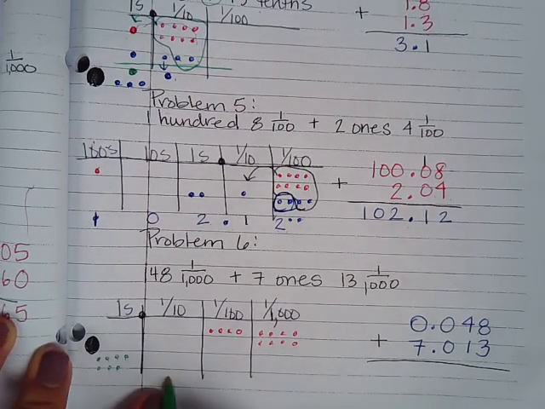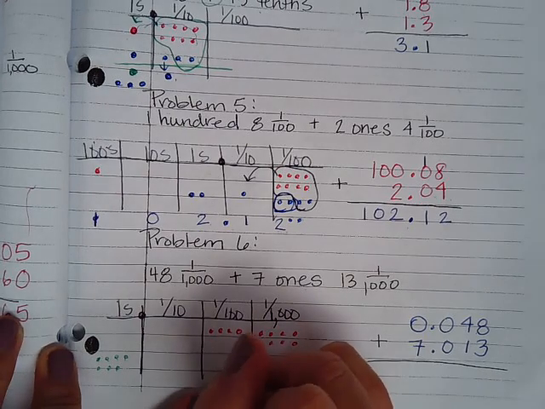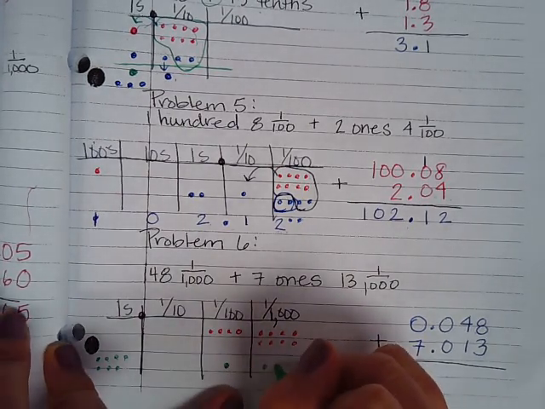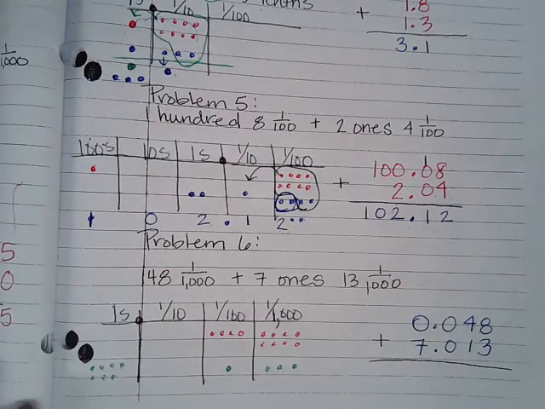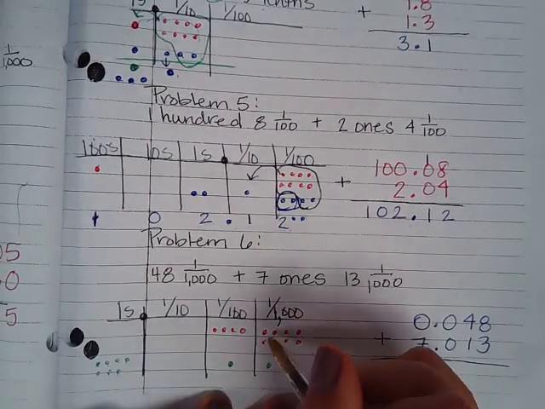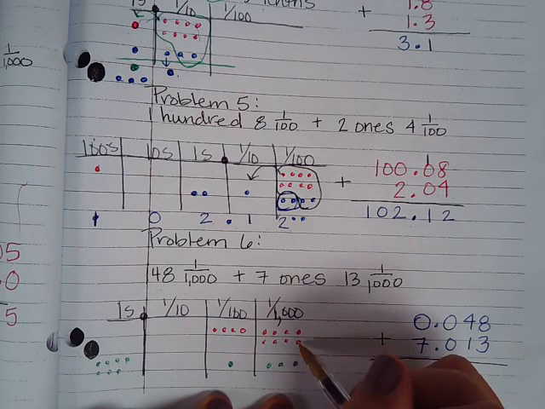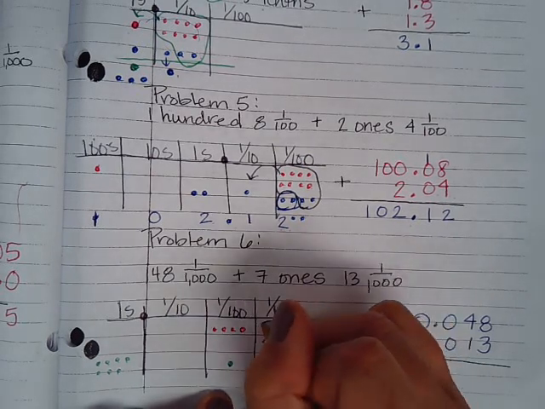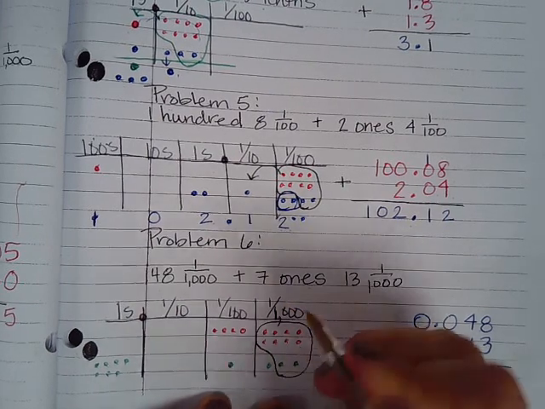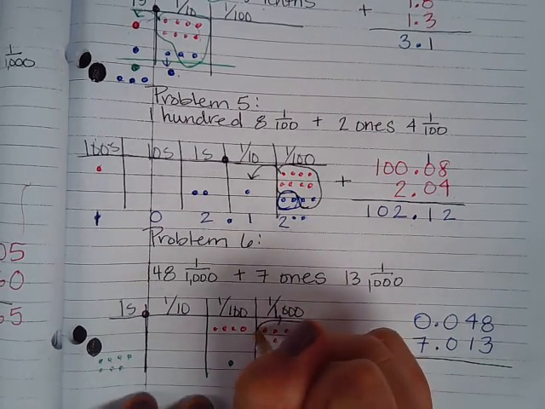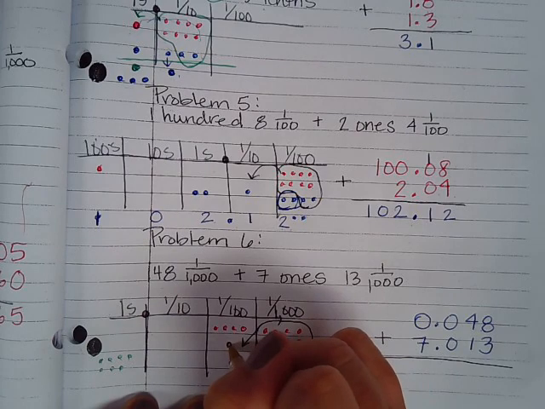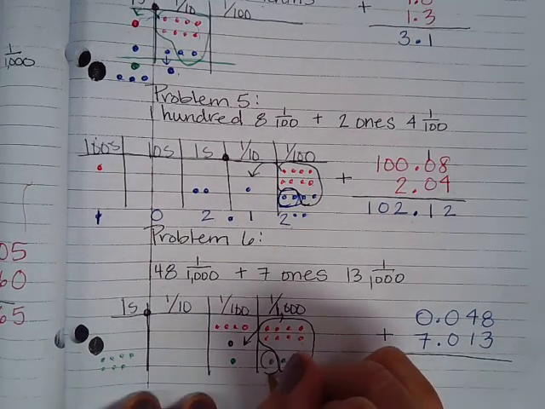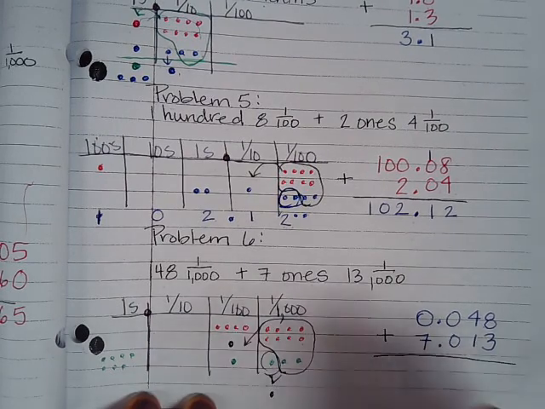I have 0 tenths. I have 1 hundredth. And I have 3 thousandths. Now here, 1, 2, 3, 4, 5, 6, 7, 8, 9, 10, because I'm adding them up together. I'm going to move this guy over here and add one more tenth here. 1/10 is left, so I have 1/10.